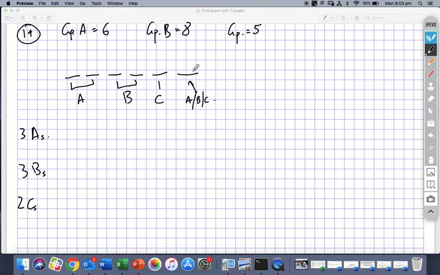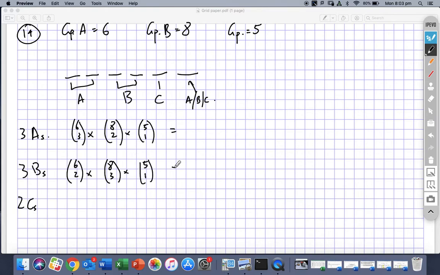If we had 3 A's, you're choosing 3 A's out of 6, so you've got 6 choose 3. Then you go to your B's, you've got 8 choose 2. When you get to your C's, you've got 5 choose 1, which is just times by 5. If you were to choose 3 B's, you'd have 8 choose 3, so things will look pretty similar, but you're only choosing 2 A's, now choosing 3 B's, and you've got 1 C there.